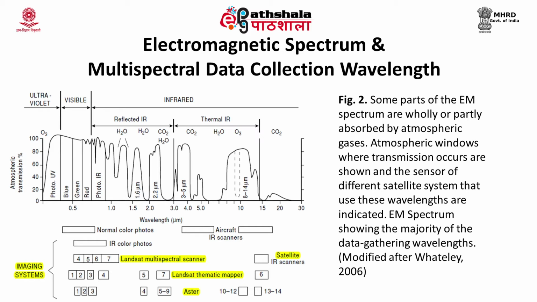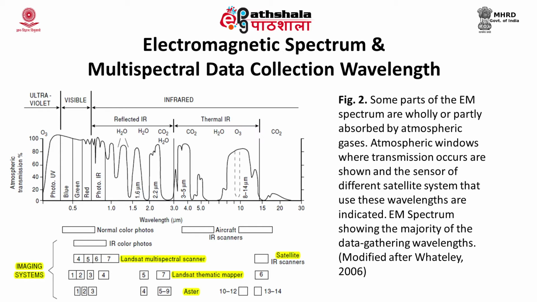So, in that range we can get the image. Then if you look at the reflected IR, you can see there are different peaks and troughs. Here H2O will absorb a certain range of your reflected IR. So, in that area we will not get any information.